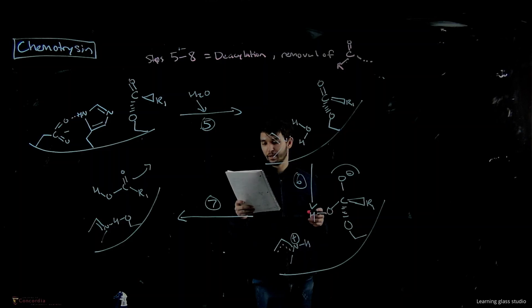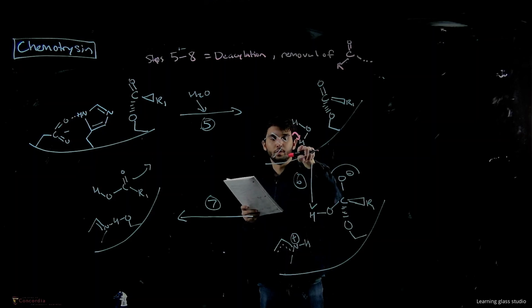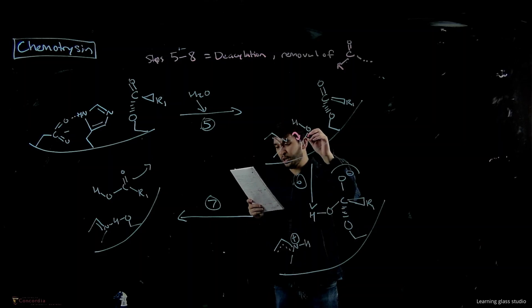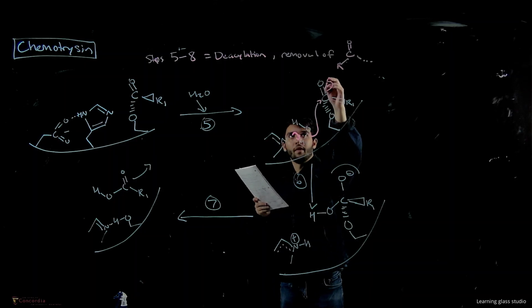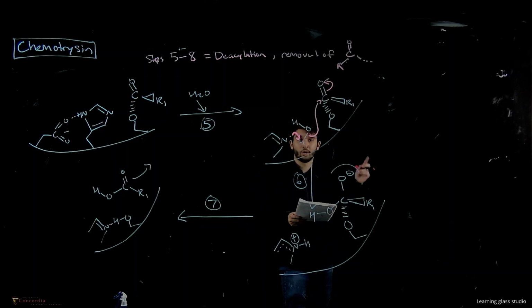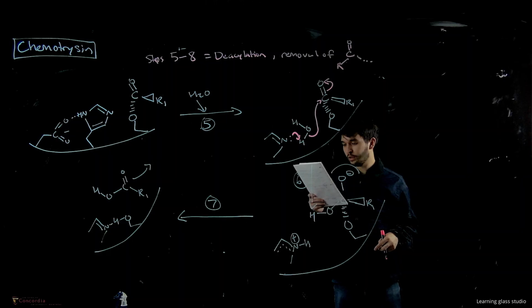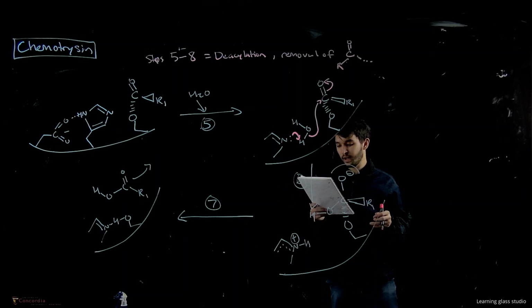What's going to happen in here is the water is going to enter the active site, and then the histidine here is going to act like a general base. It is going to take the proton, so general base, proton acceptor, and then the electrons in this bond come and bind to the carbon there, and then the electrons in the carbonyl go up to the oxygen. So the water is going to enter the active site here where the amine was, the amine that left the active site, okay?